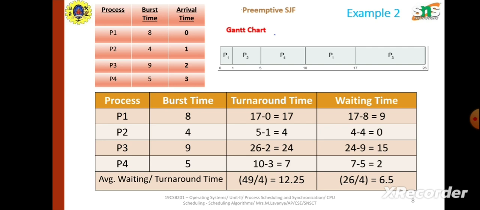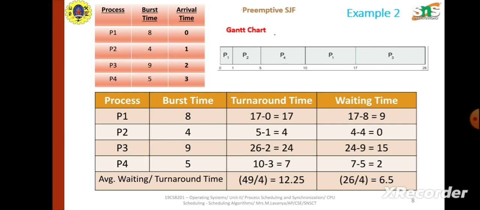Then next, again the processes P1 and P3 will be compared. P1 has the remaining burst time of 7 milliseconds. P3 has a burst time of 9 milliseconds. So comparatively, P1 has the lowest burst time, and P1 will be allocated for the execution.